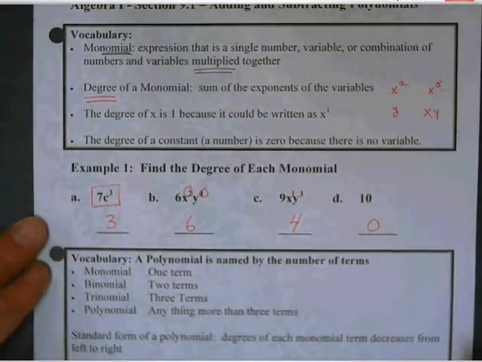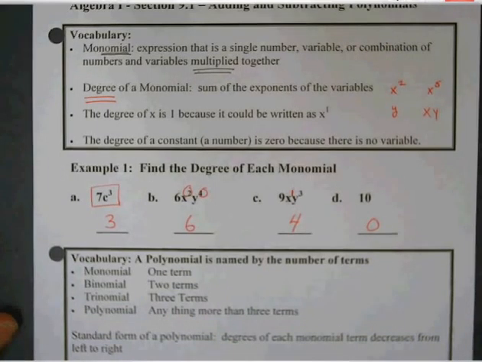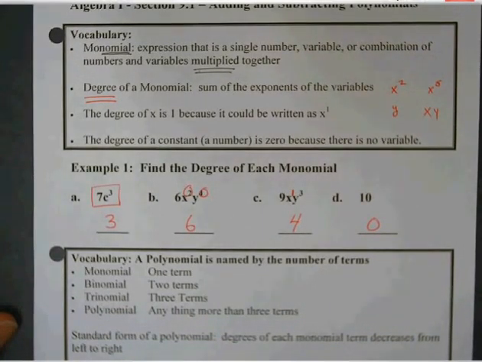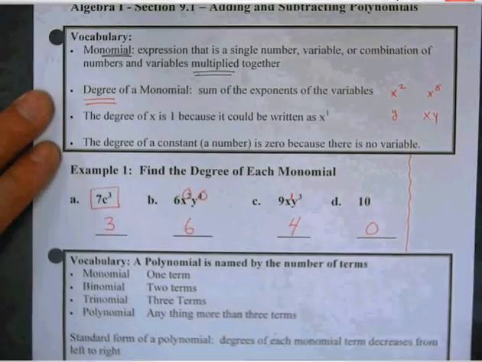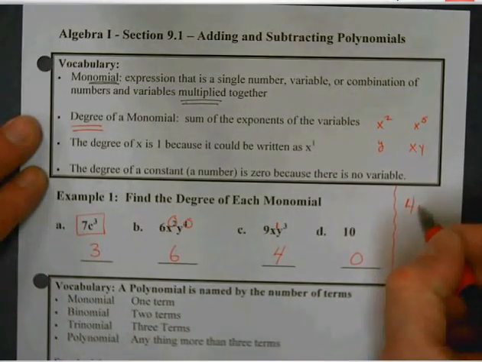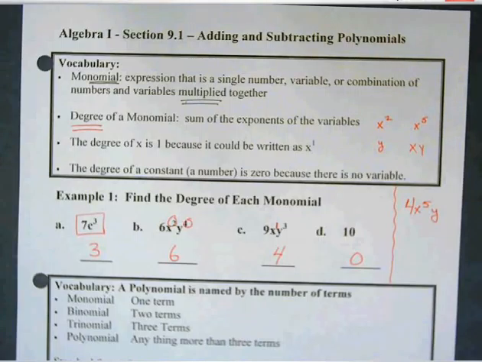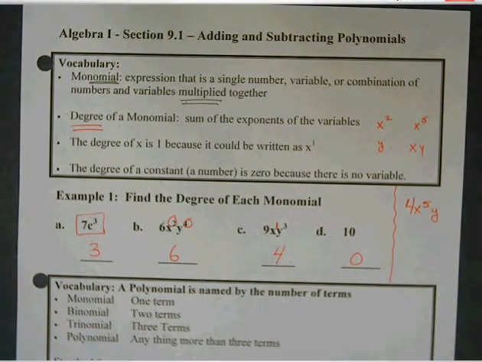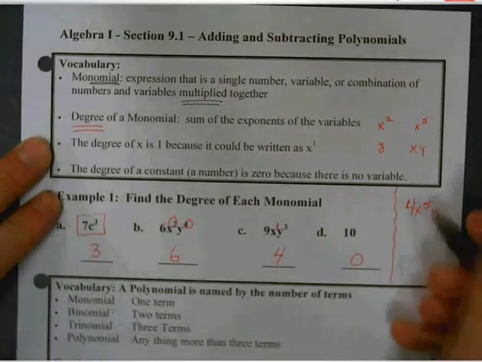So when we talk about finding the degree of a certain monomial, it should be very simple to do. Off to the side here, let's make 2 examples. 4x to the fifth y. Write down the degree. Raise your hand if you think you have it. 6. Would you agree? Degree is 6.